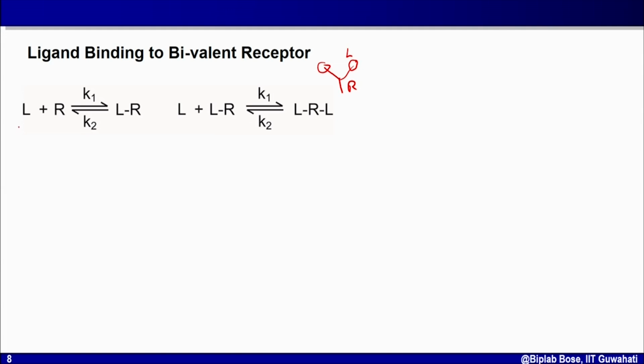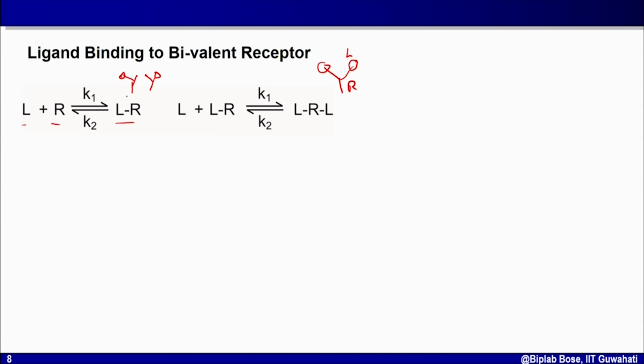First, ligand binds to receptor to form the ligand receptor complex. It can be like this, ligand bound here, or like this. Two configurations are possible, and both of them are LR. Both are complexes where there is only one molecule of ligand and one molecule of receptor.